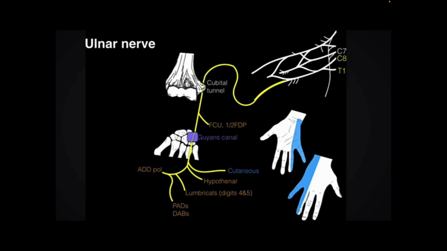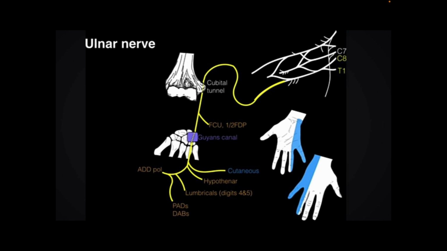Once it enters the forearm, that is the antebrachium, the ulnar nerve supplies the muscles in the ulnar aspect of the hand. Now, which muscle is in the ulnar aspect of the hand? It is that muscle which contains the word ulnar in its name, flexor carpi ulnaris.